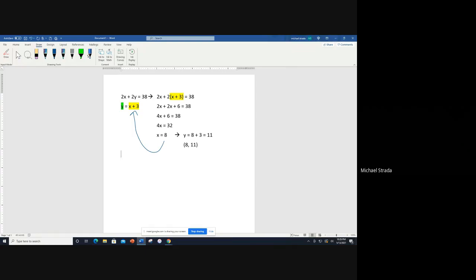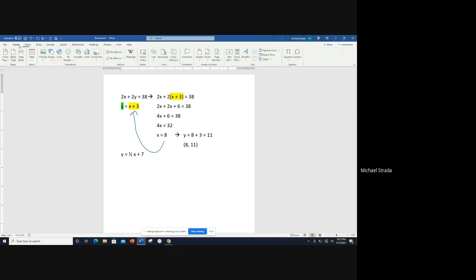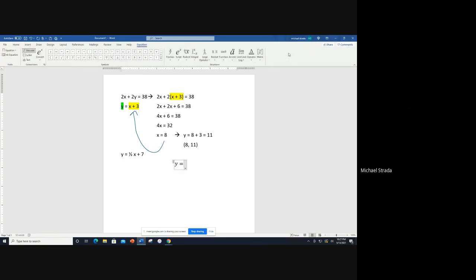Another way we can use substitution is, let's see what I've got at my disposal. y equals 1/2 x plus 7. And then the next one, y equals 3/2 x plus 3.